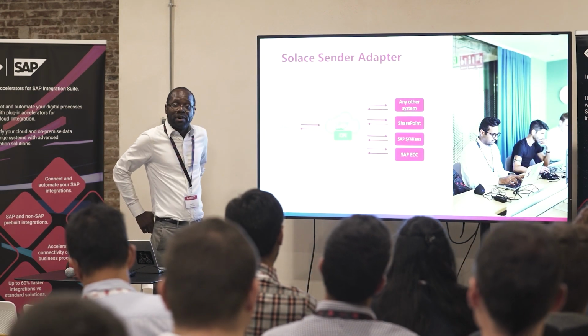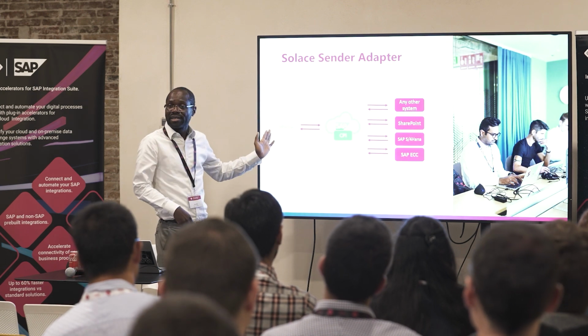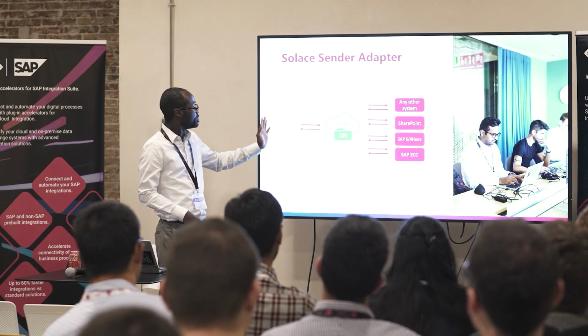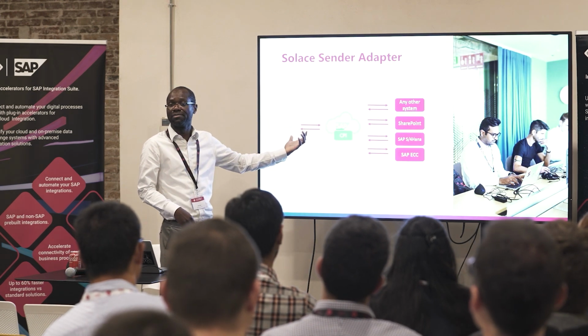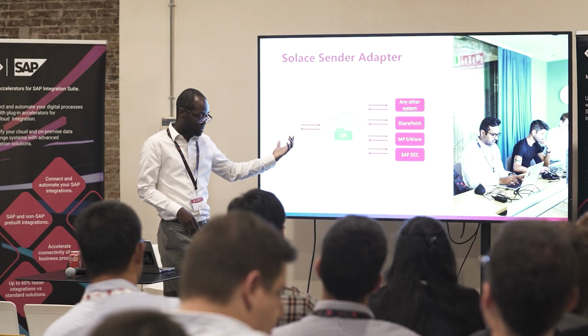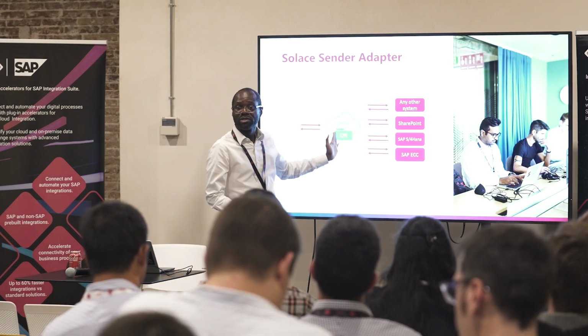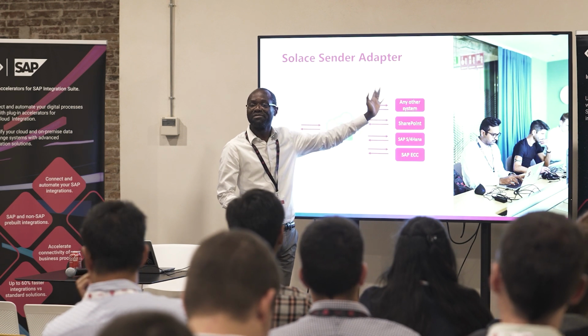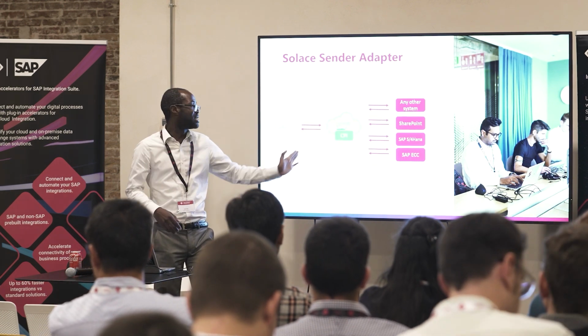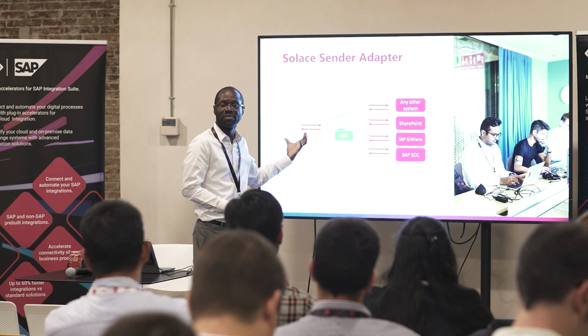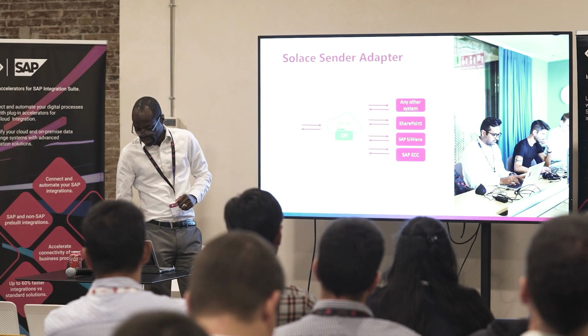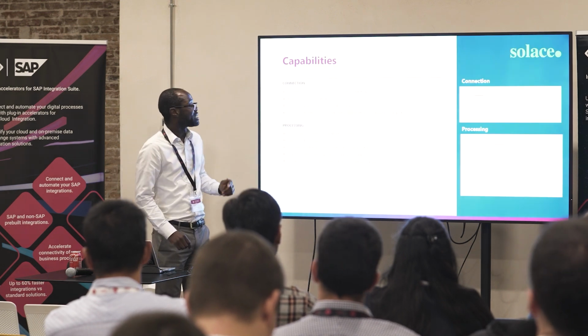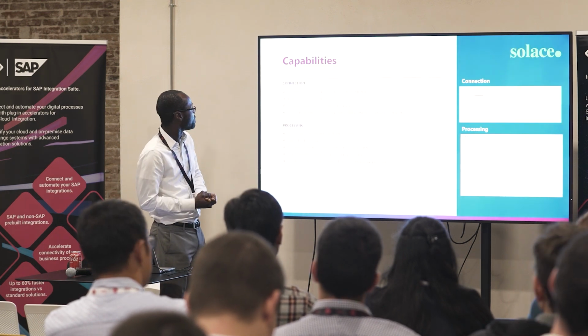Now, we have two parts. There is a sender adapter that you use, which means that you can subscribe to events from Solace, and then you can use the Integration Suite to do whatever other things you want to do on the other side, right? That's no news. There is a lot that is covered.